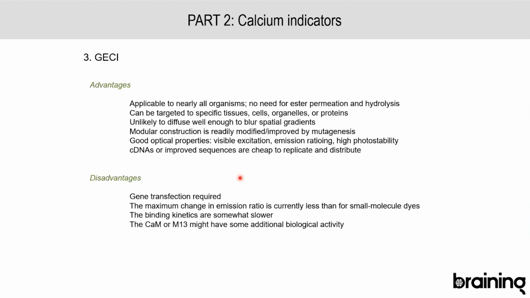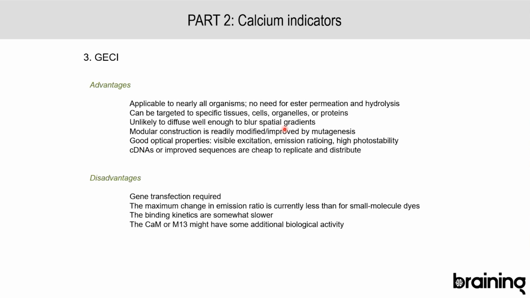Okay. So what are the advantages of this type of calcium indicator? They are applicable to nearly all organisms. We don't need this ester permeation or hydrolysis, as I said for Fura-2 AM, for instance. They can be targeted to specific tissues, to specific cells. This is very important.